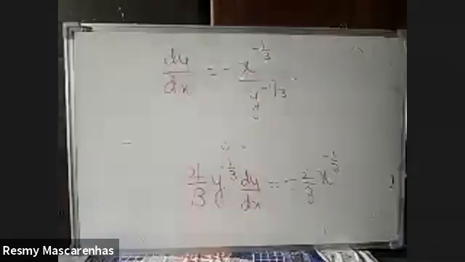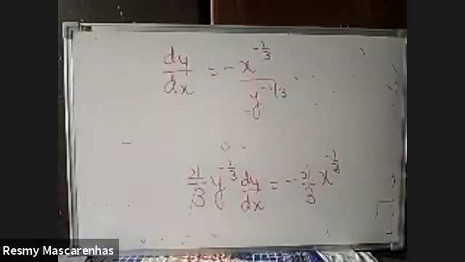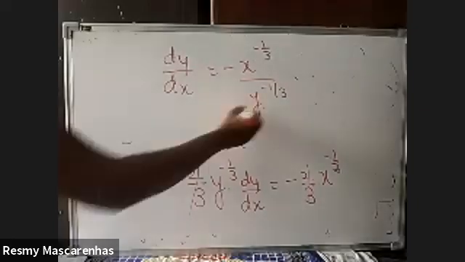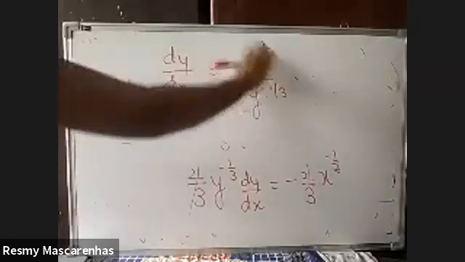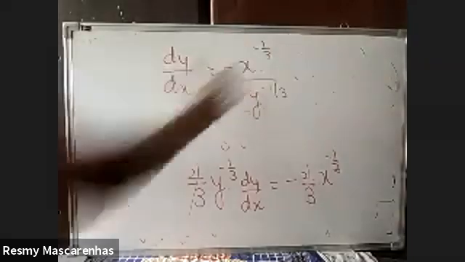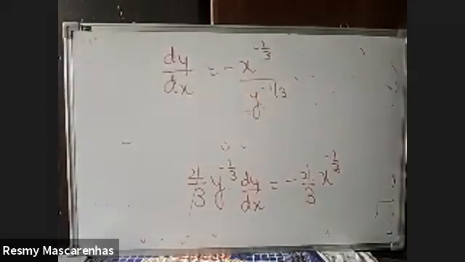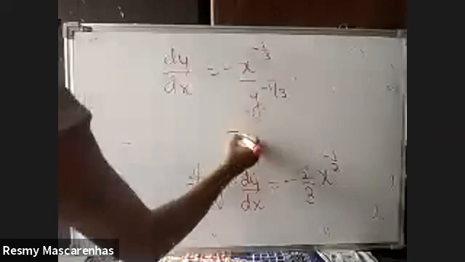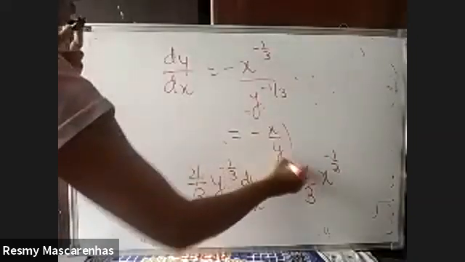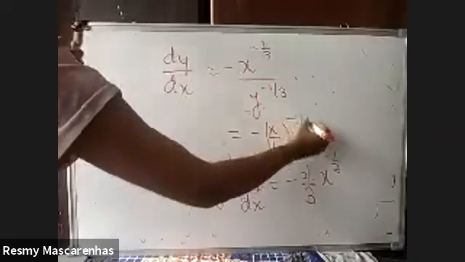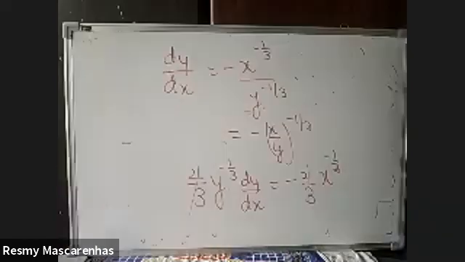So x raised to minus 1 by 3 upon y raised to minus 1 by 3. If you want, you can write it as common, x upon y raised to minus 1 by 3 as the answer. So this is your final answer.